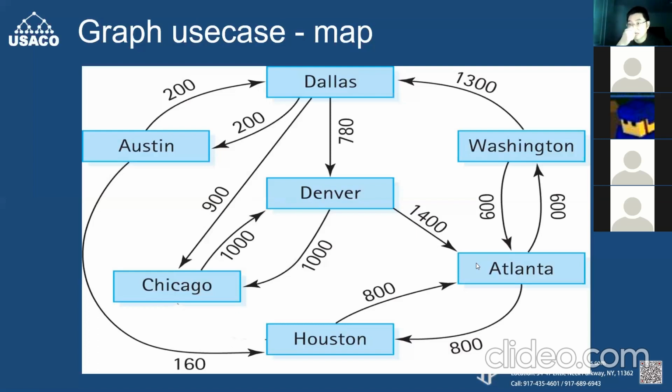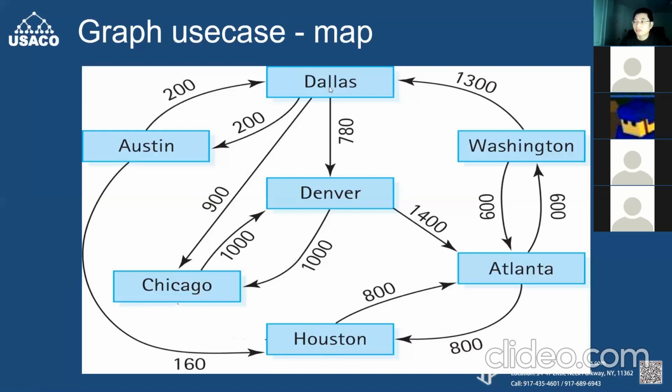I have to know the time. Time equals what? Distance divided by speed. We know the distance now, but we still need to know the speed. Maybe from Dallas, Austin, and Houston the distance is smaller, but because the traffic is terrible or the speed is super slow, the whole time will increase.